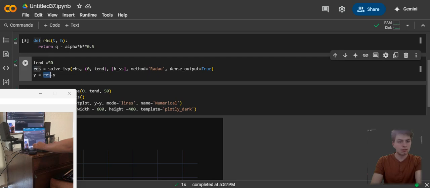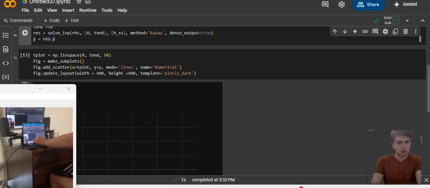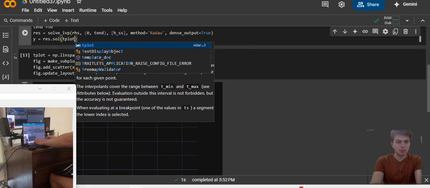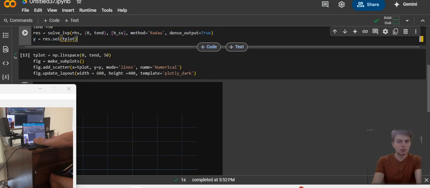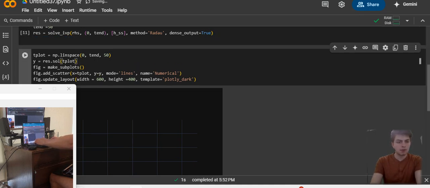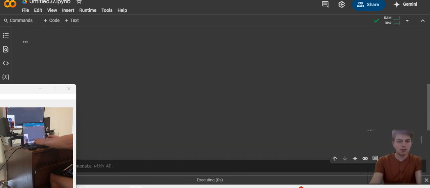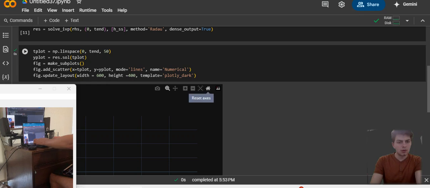Okay, I knew I had this wrong. Let's actually make this res.sol over t plot.